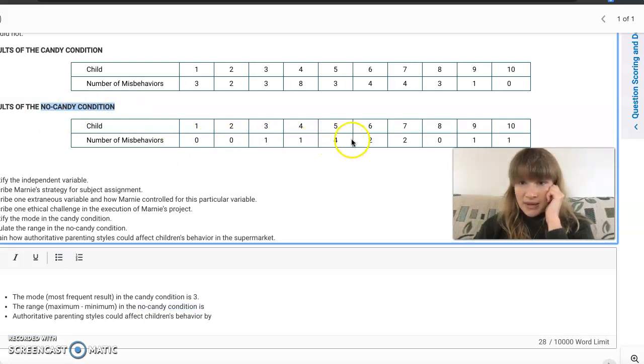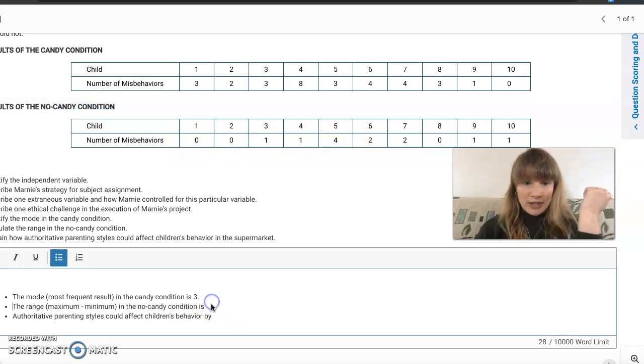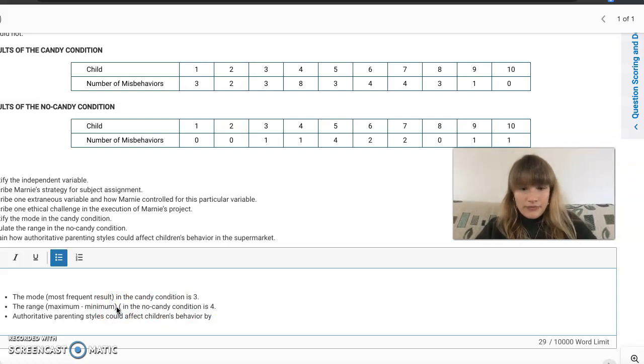The maximum number of misbehaviors was 4, and the minimum number is 0. So what's the difference between 4 and 0? 4 minus 0 would be 4. And I'll just put that in parentheses too. So in this case, it's the maximum 4 minus the minimum of 0, which gives me the range of 4.